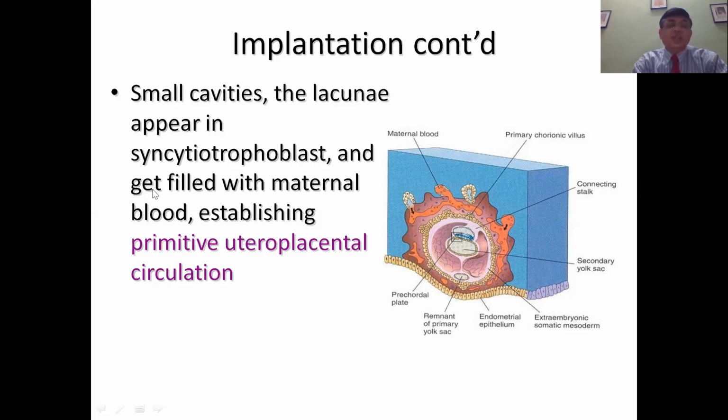These lacunae get filled with the maternal blood. So the spiral arteries open into these lacunae, establishing primitive uteroplacental circulation.